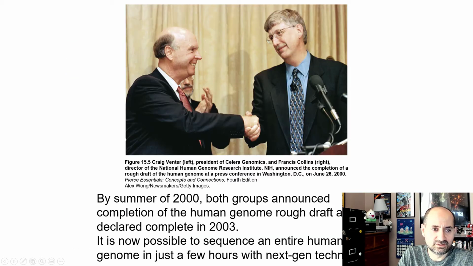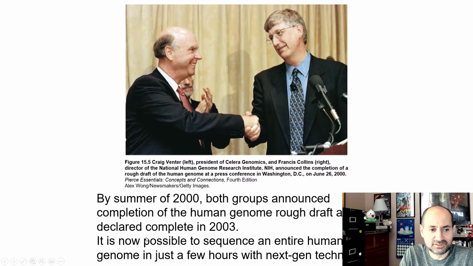Because of that, by summer of 2000, both groups announced completion of the human genome rough draft and declared it complete in 2003. So even though Venter, shown here on the left, started the process about 8-9 years later than the consortium, he quickly caught up and they finished about at the same time.